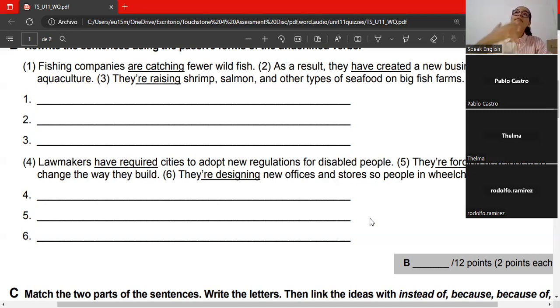Okay. I have created a new machine for the company. What would be the passive voice of that? A new machine has been created for the company. Or a new machine has been created by me for the company.